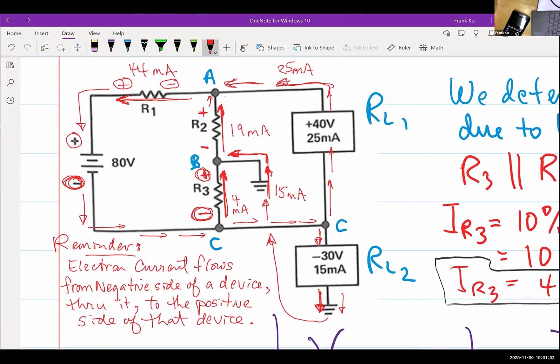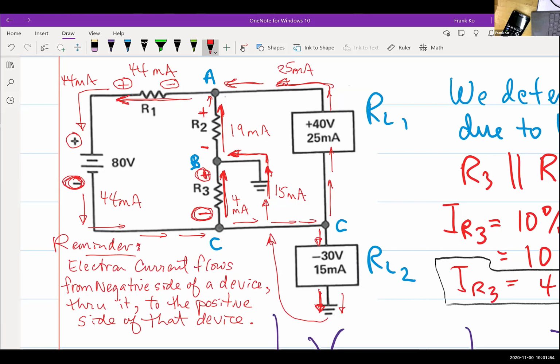And if 44 milliamps is going back into the source, how much comes out of the source at the bottom? 44 milliamps, because what comes out of the source has to equal what goes into the source. Let's see if the math works out.